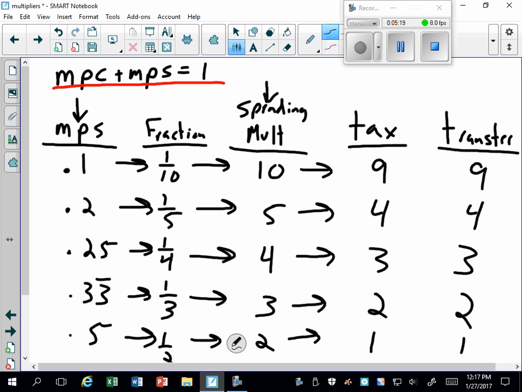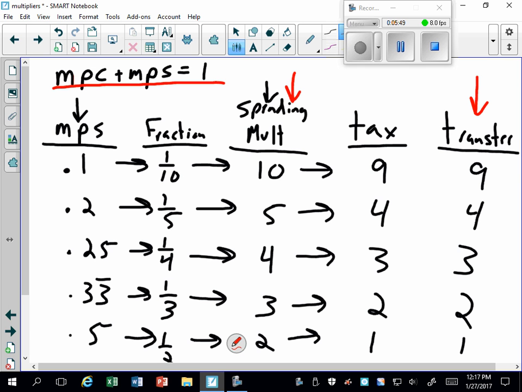Now, technically, your textbook might say this, and sometimes they focus on this: the spending multipliers and the transfer multipliers. So this column and this column tend to be directly related. If you increase spending or increase transfers, you increase real GDP. If you decrease spending and decrease transfers, you decrease real GDP.